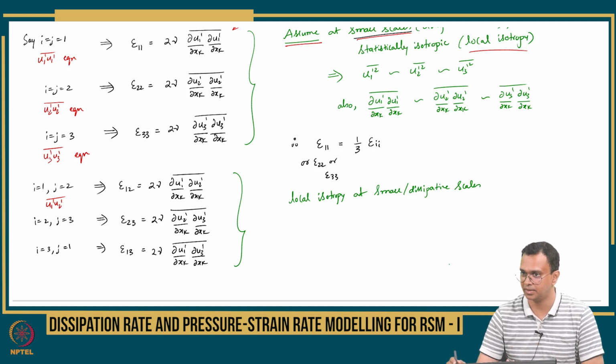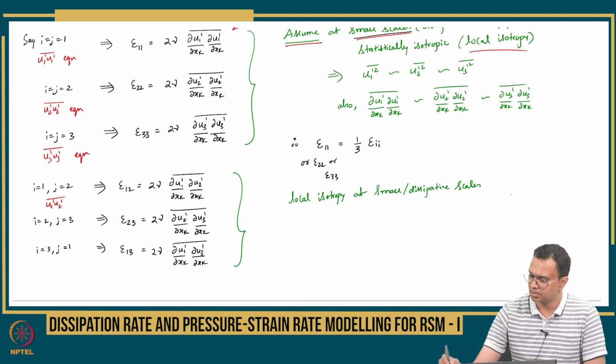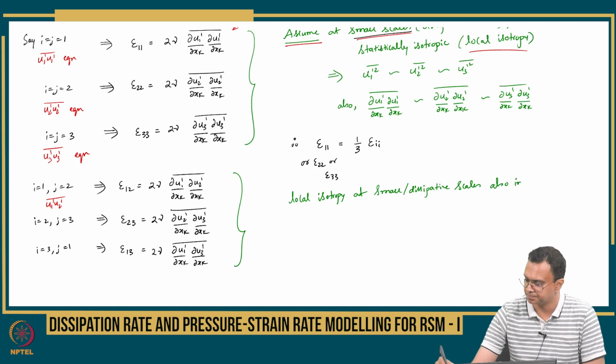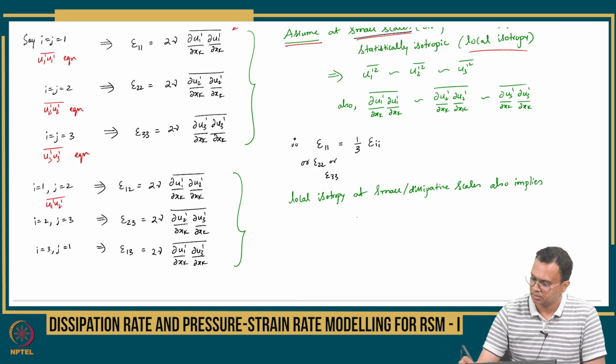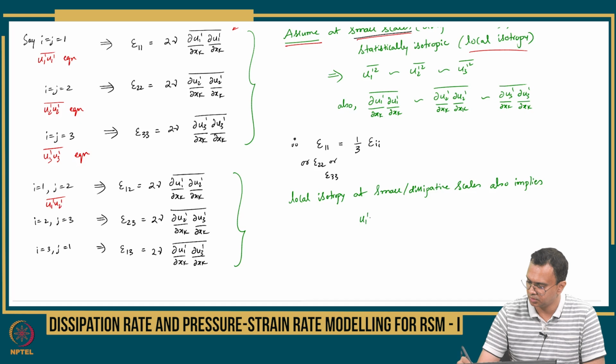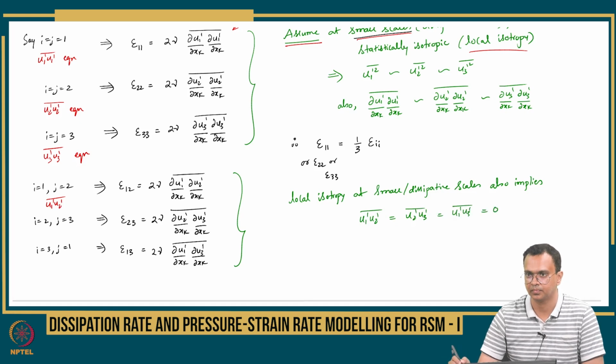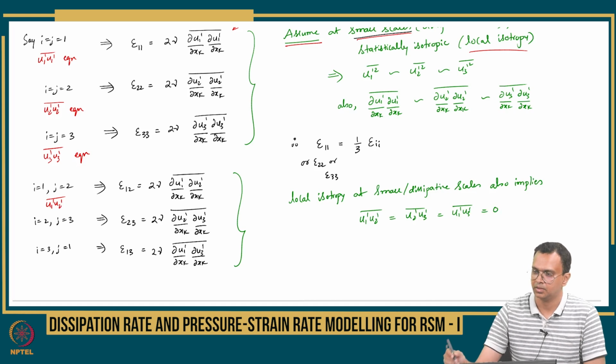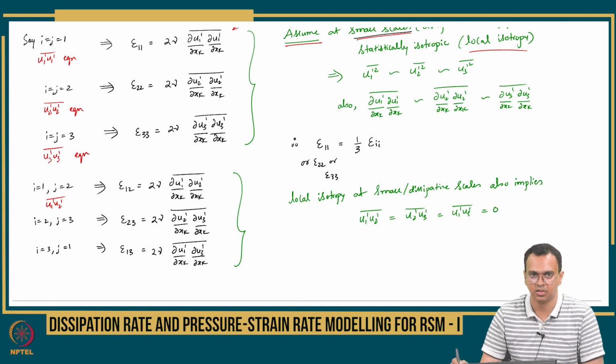We will come to that later. But right now we are assuming that these tiny scales are the ones dissipating the energy, or dissipating the stresses. So local isotropy at small or dissipative scales also implies that the shear stress terms u1 prime u2 prime, u2 prime u3 prime, u1 prime u3 prime are 0. Essentially, the diagonal components are the same and the off-diagonal components are 0 when you have statistical isotropy at that scale.